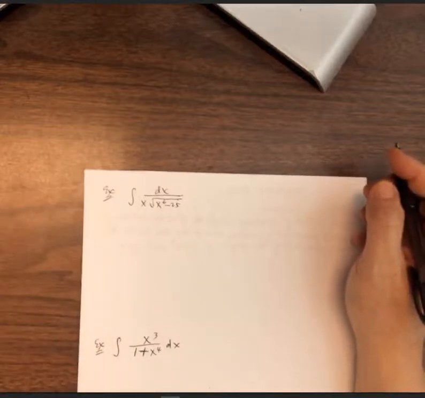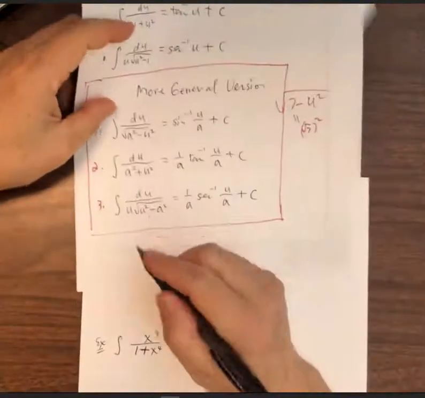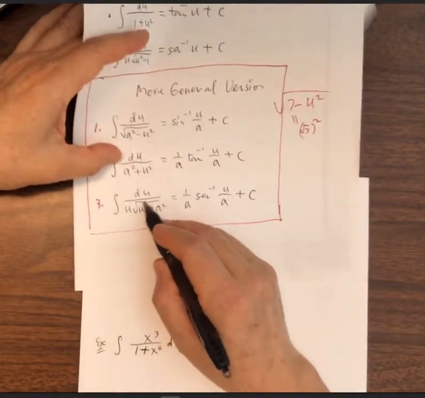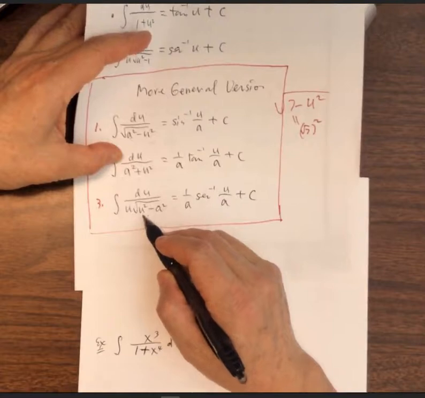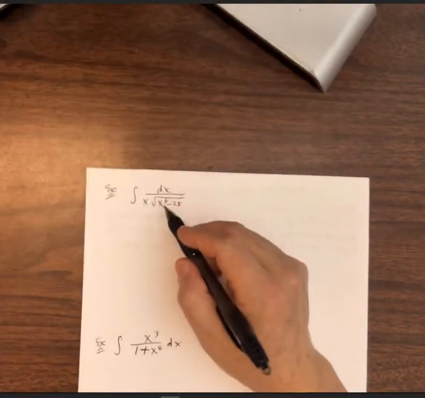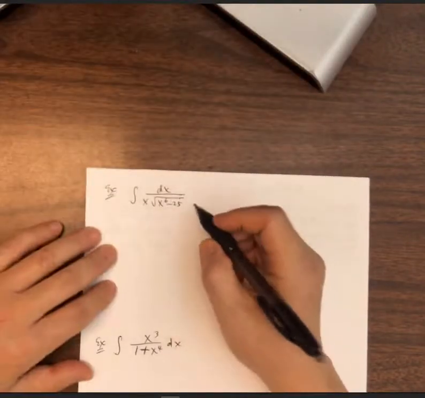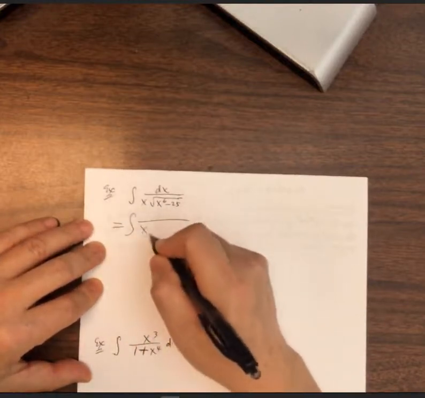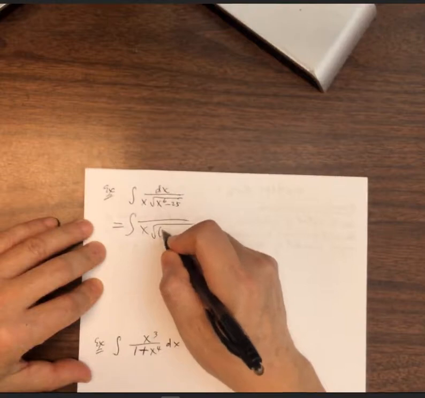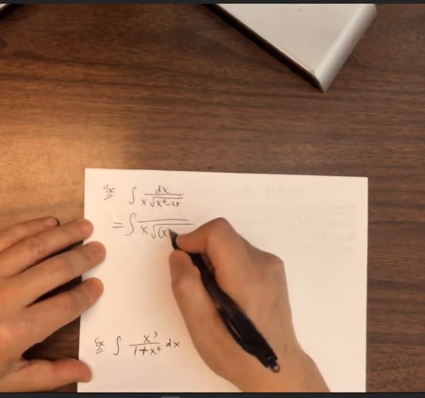Okay, so we're going to try to apply the third formula. Of course, we better have just the square of a variable, a new variable u. This is a 6th power of x, so we're going to rewrite. Actually, it's a coincidence, the 6th power again.